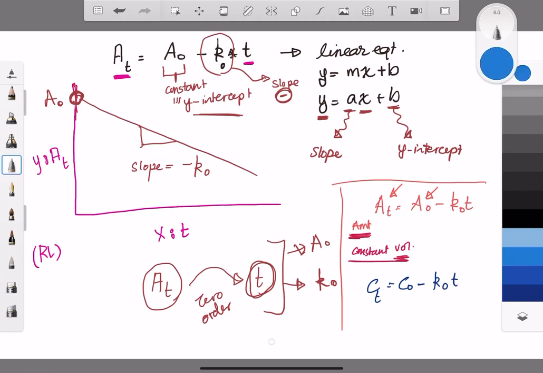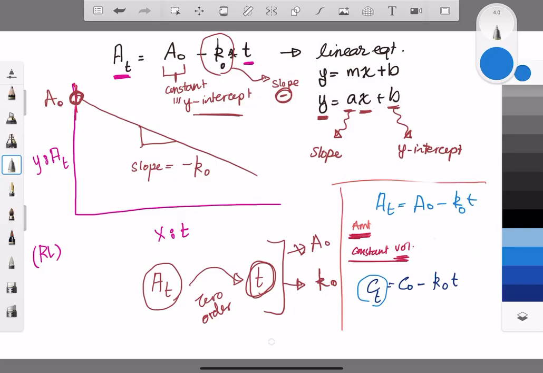How did we do that? As we mentioned before, concentration equals amount over volume. So you just have to divide the amount by the volume. Sorry, let's correct this. I will rewrite this part. So we have A at a certain time equals A naught minus K naught times the time.